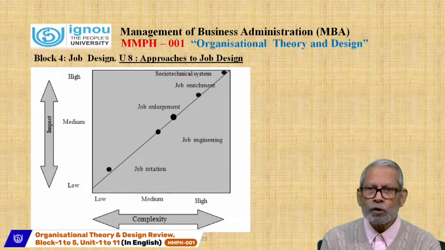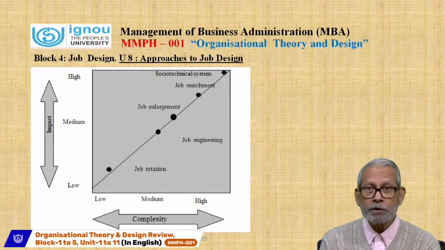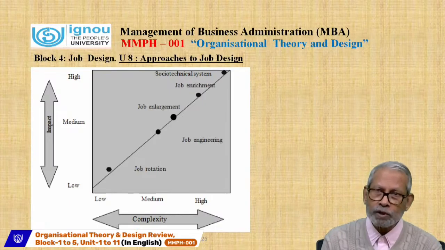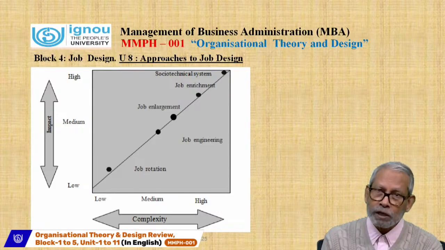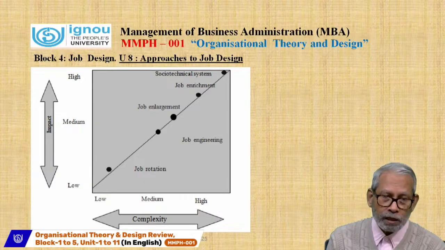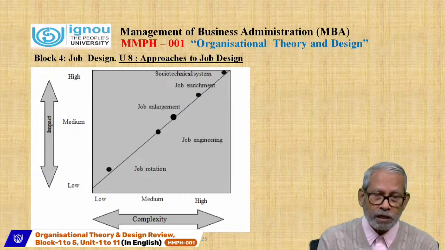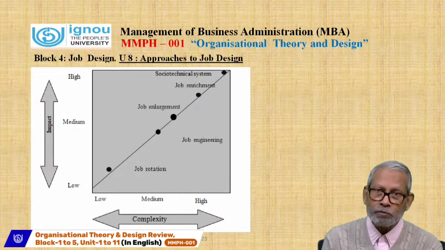Before that, the job analysis part is there. Then after that you have job specifications, job design, descriptions. All these are to be done one by one. You have to analyze the things: job enrichment and job enlargement. All these things are part of your job design.